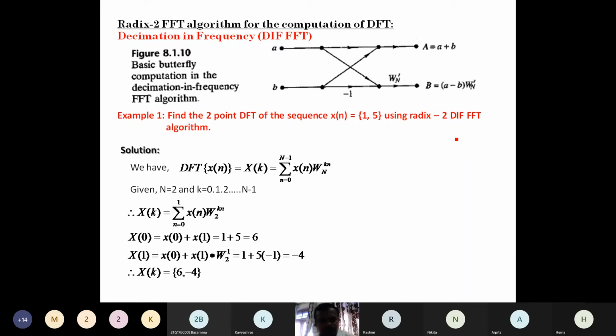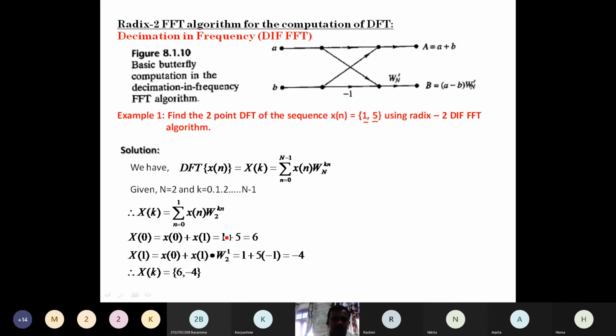Let me expand this summation because it has only two elements, x of 0 and x of 1. Capital X of 0 is x of 0 plus x of 1, which is 1 plus 5, equal to 6, because x of n has values 1 and 5.